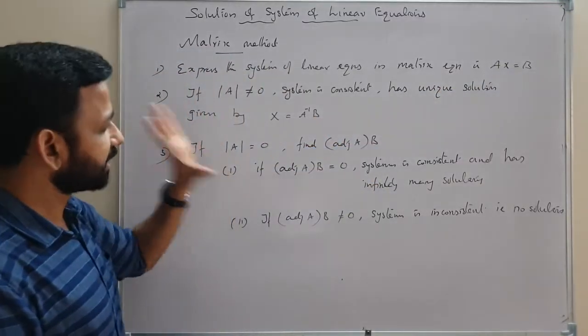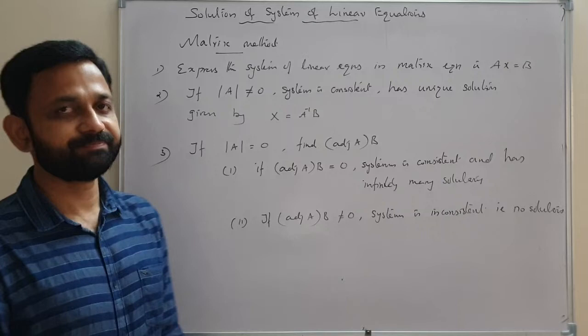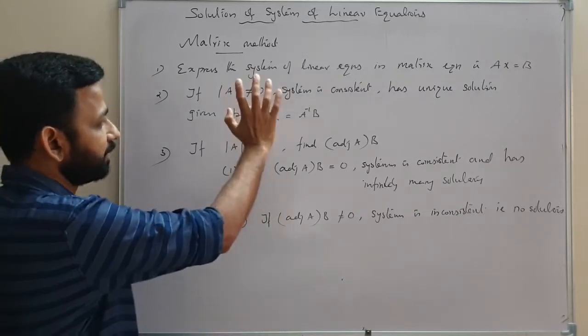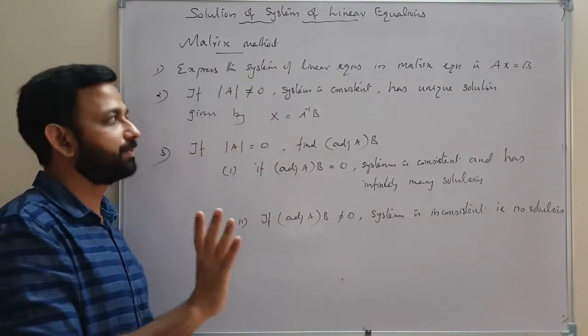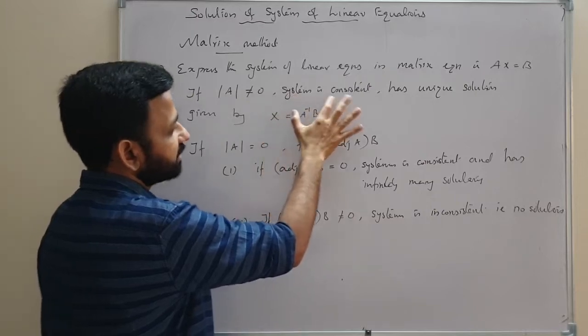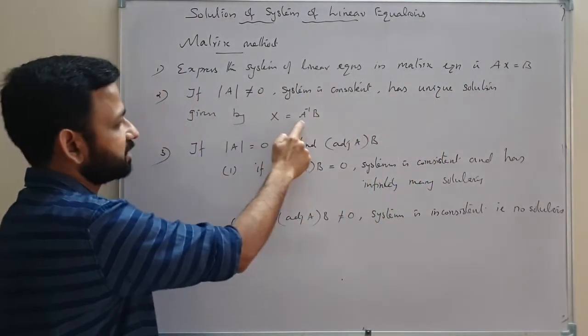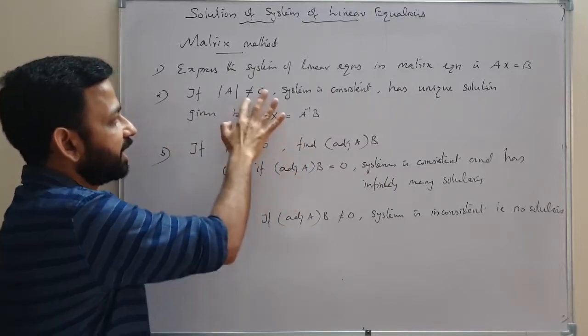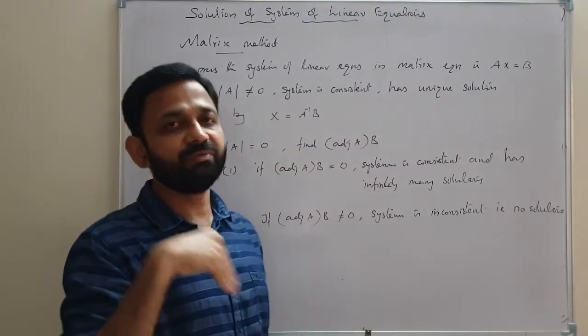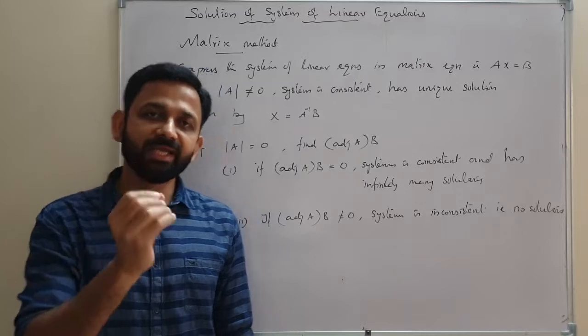Then the next step is we need to find determinant A. If determinant A not equal to 0, we will continue. The system is consistent, has a unique solution given by X is equal to A inverse into B. If determinant A not equal to 0, we will find A inverse.